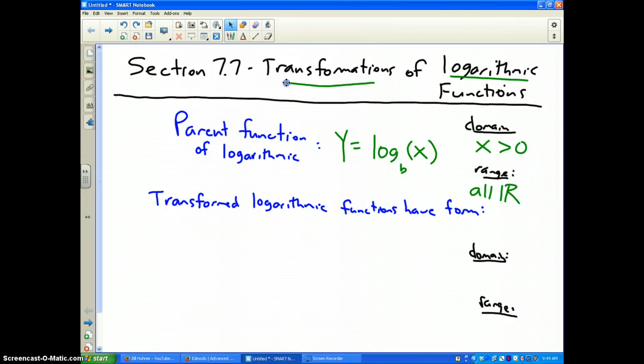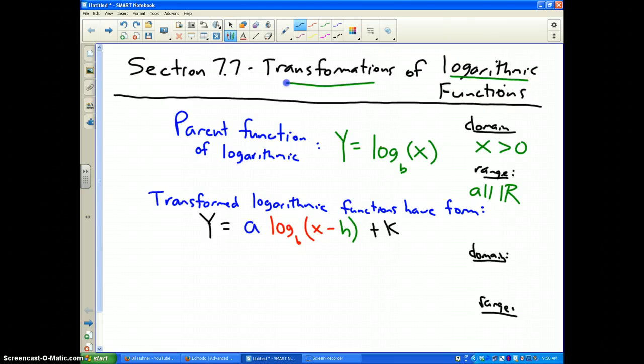Now, when you transform log functions, and again, I'm going to color code it like I did the last video, the transformed log functions are y equals a times log base b of x minus h, and again, the h is in parentheses right next to the x, and then at the very end is the plus k part.